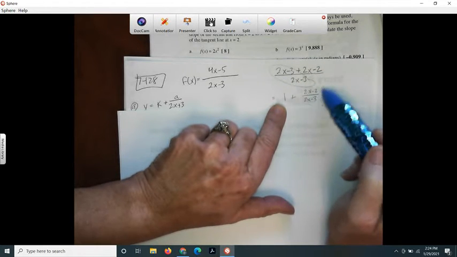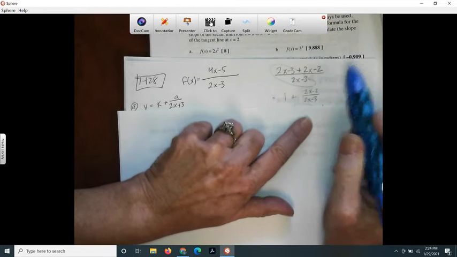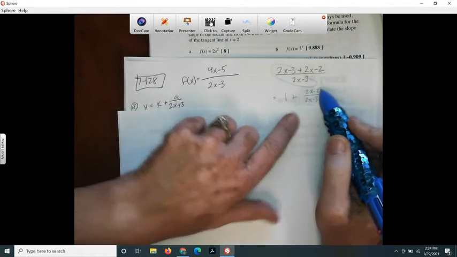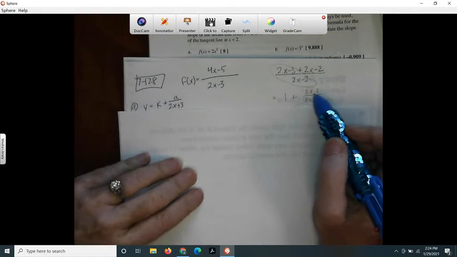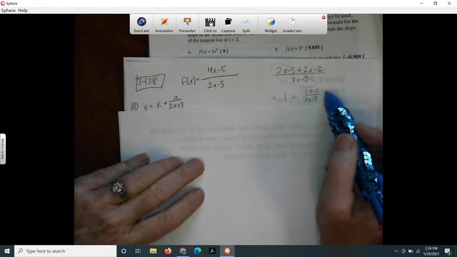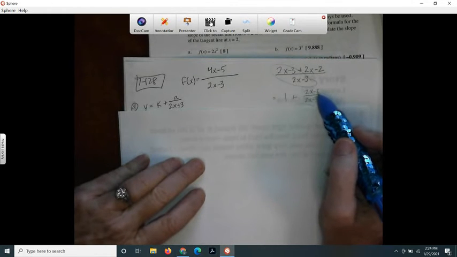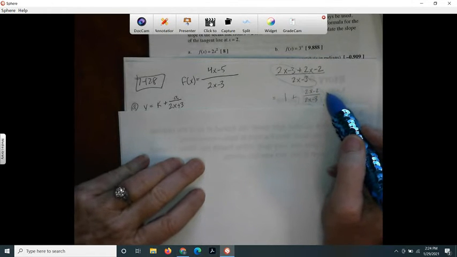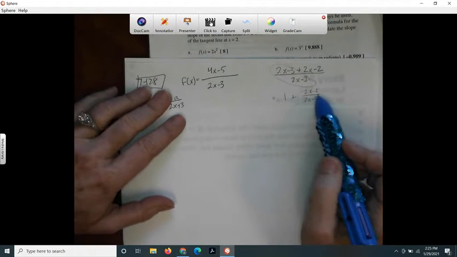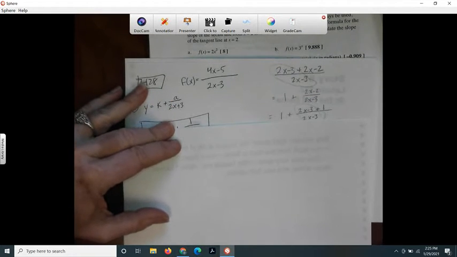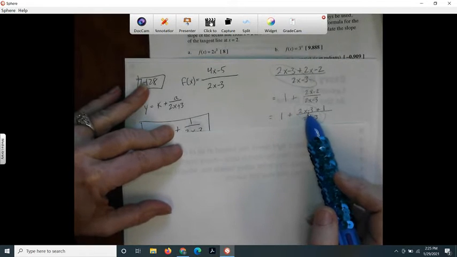But then I realized I think I can do it again, because I can rewrite this top part, 2x minus 2, as 2x minus 3 plus 1.